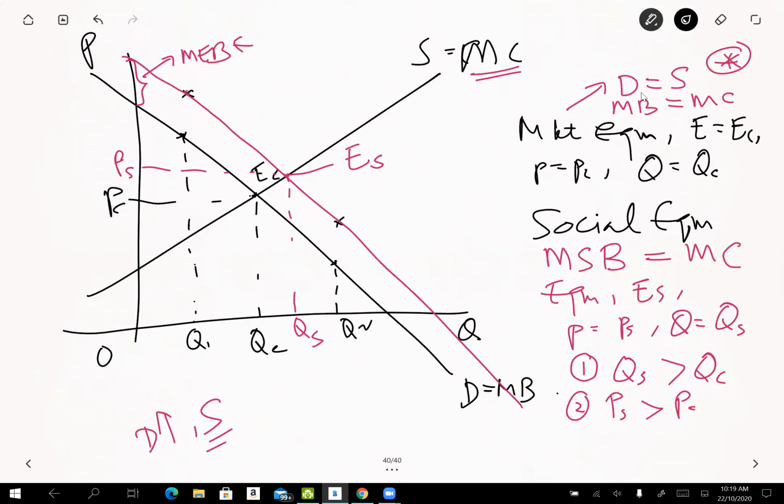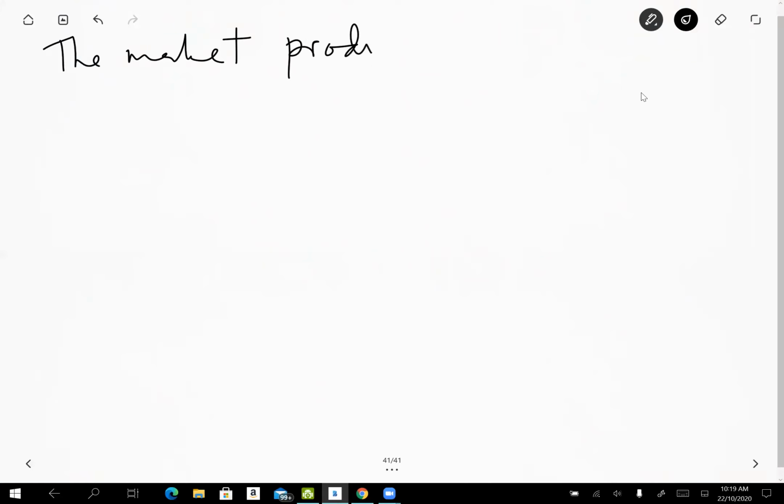So what we say from there is that if you just let the market operate without taking into account the marginal external benefit, then the market produces too little output, too few.